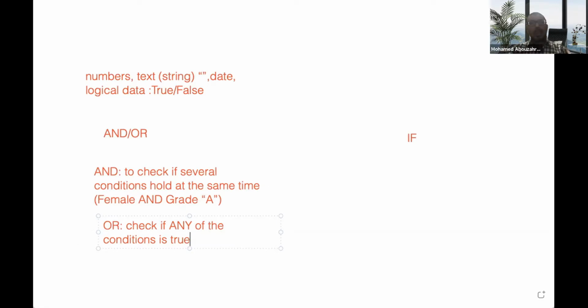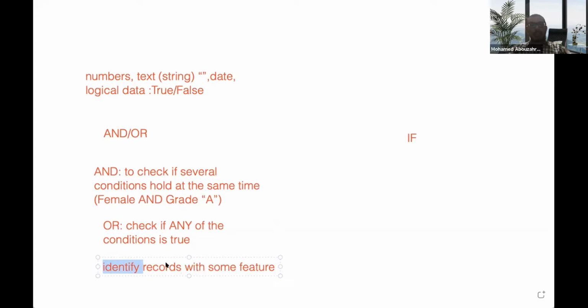Okay, when do we use this function? We use this function when we want to identify records with some features. I will show you an example to clarify these things for you. So the keyword to use AND or OR function is when we are trying to identify something. We are not trying to make a decision, we are trying to identify a record.